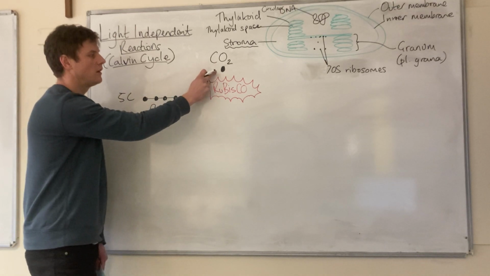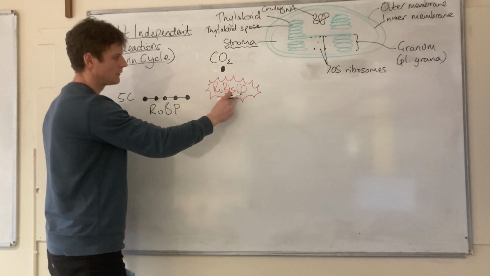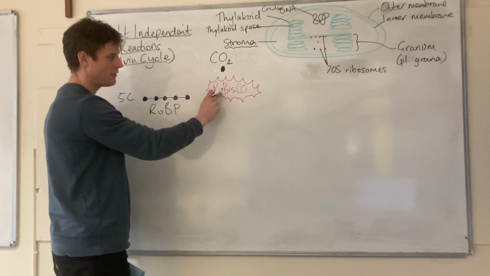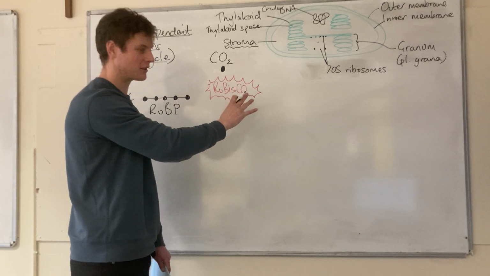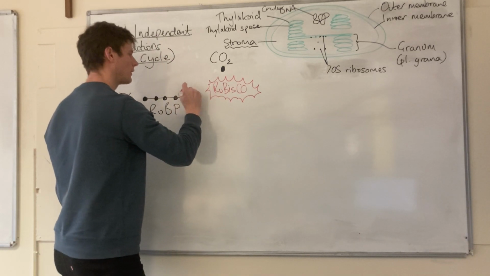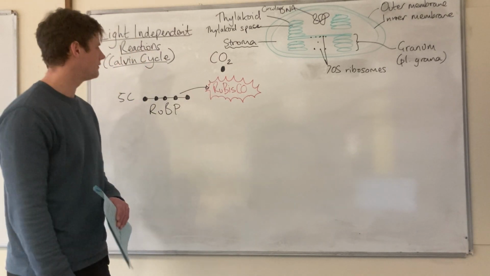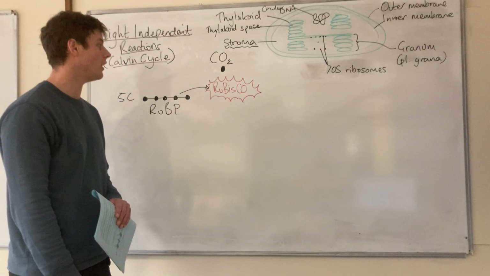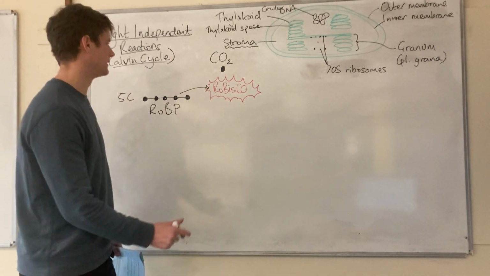It combines with carbon dioxide using the enzyme Rubisco, ribulose bisphosphate carboxylase oxygenase. Just call it Rubisco, it's fine. Rubisco is the most abundant enzyme on Earth. It's everywhere, well, in all green plants at least.